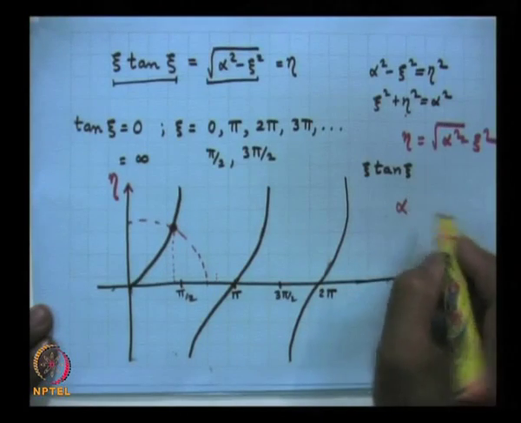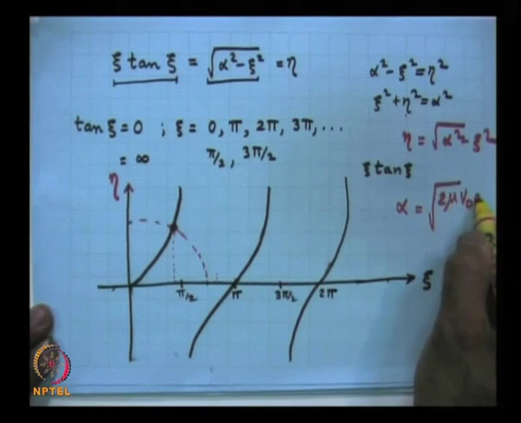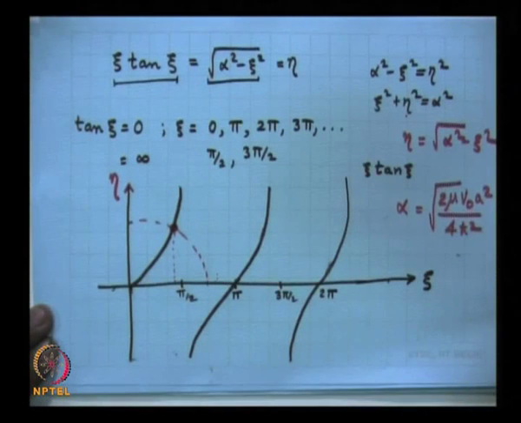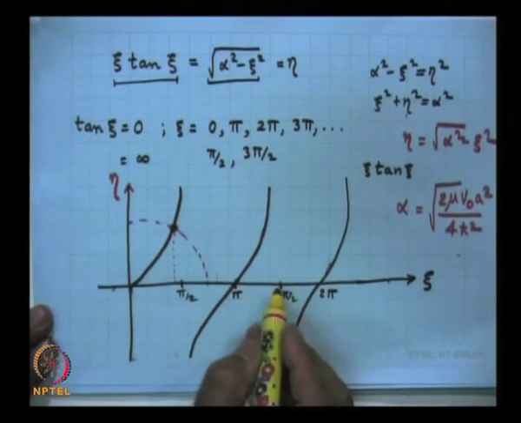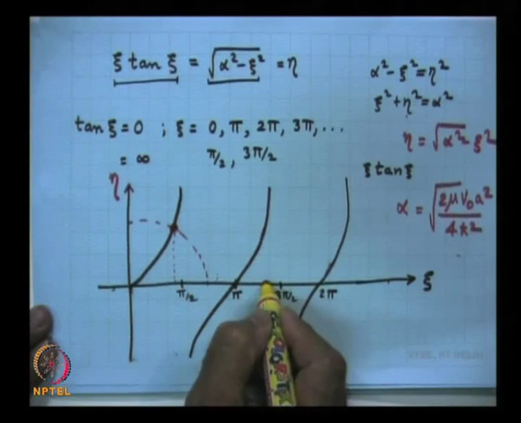Let us suppose, what is alpha? Alpha, as I told you, is under root of 2 mu V0 a square by 4 h cross square. If it was 4, let us suppose alpha is 4, then I have to draw a circle of radius 4 units. So, pi is here, 3 pi by 2 is here. So, 4 will be somewhere here.